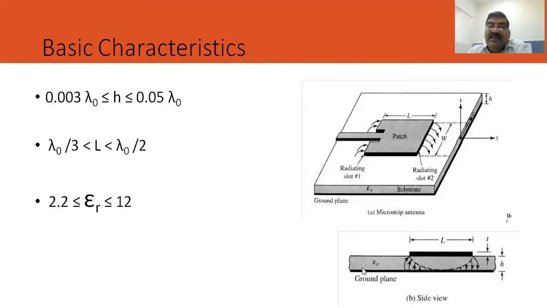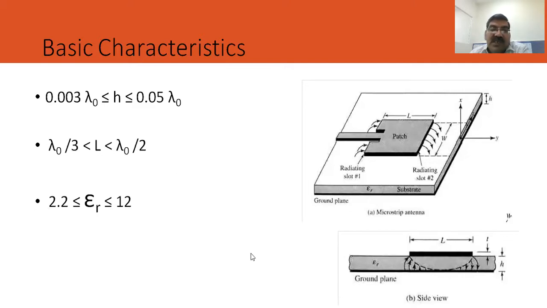Different materials have different properties. If you take Teflon, it has epsilon 2.2, 2.1. Various Teflons are there. For FR4, I think 4.1, 4.2 is the dielectric property. Based on which material you take as substrate, you get your epsilon value.